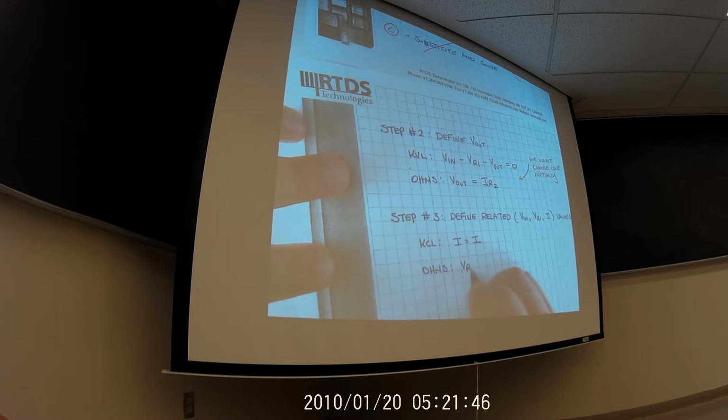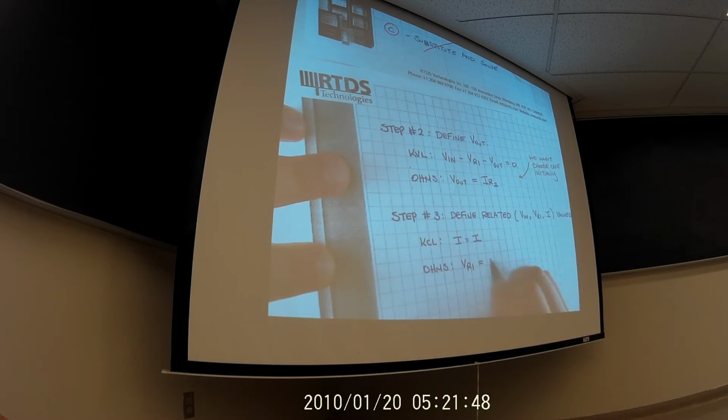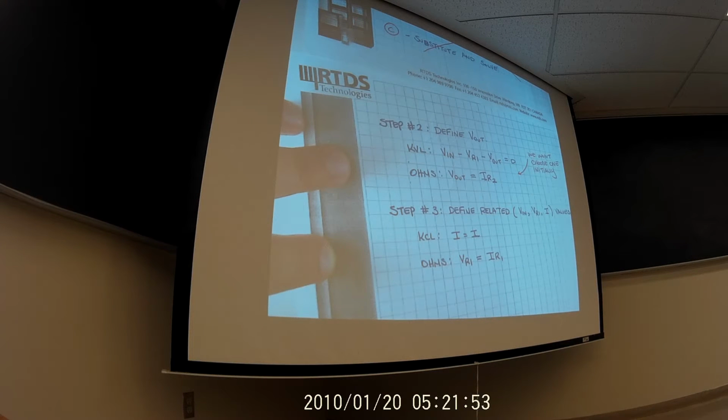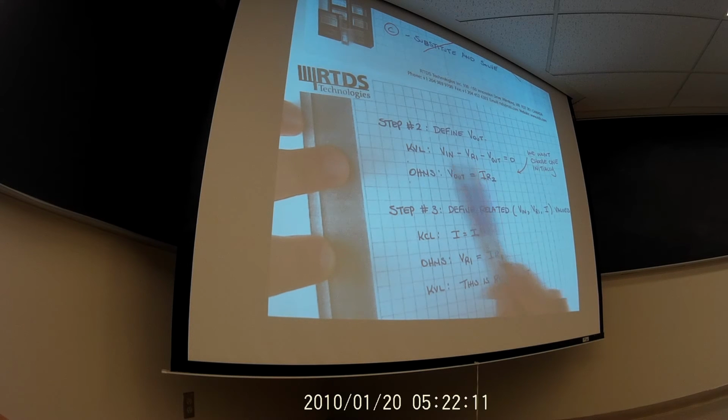So we know that VR1 is equal to I times R1. We also have KVL, which would allow us to put things in terms of VR1, but it's going to be redundant. Right? Because all I'm going to end up with is another expression with these 3 terms in it. So it looks like these expressions right here, these are the ones that we have to deploy.